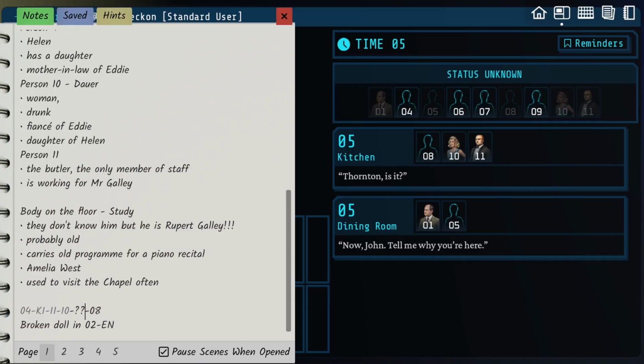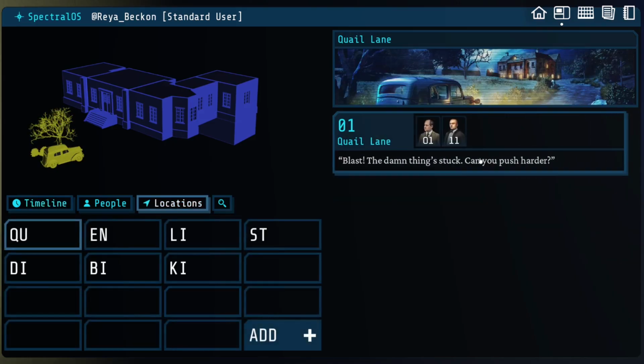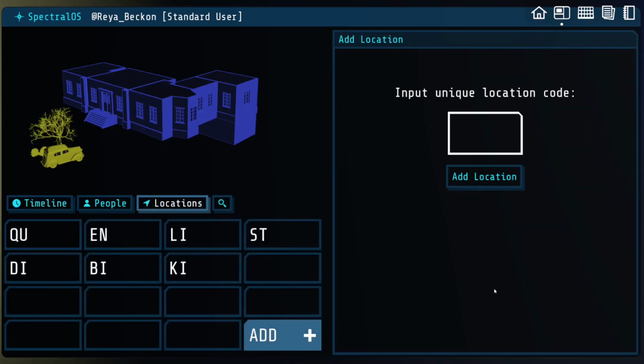Let's go here and say that in the kitchen we don't know who else came down. There was somebody there, but we don't know. Okay. We know a new location, that is Edmund's room.